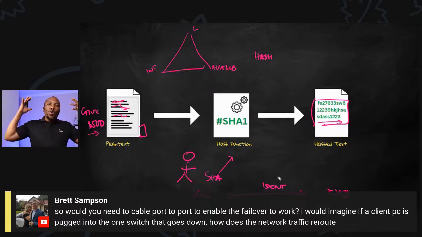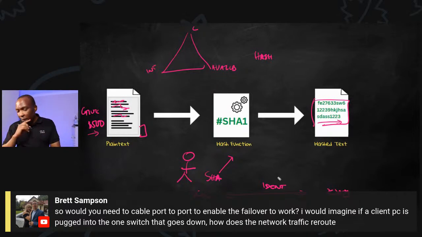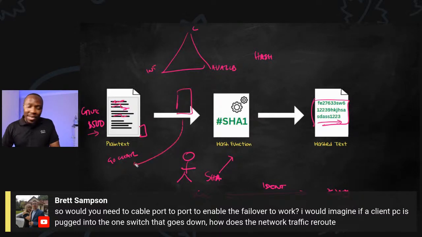Now, hashing by itself, whilst it is good, it cannot fully protect because it can be what? Manipulated. Because the game with hashing is, let's take, for example, this file had 90 characters. And then I manipulated the information in the process. But I made sure that the new file that I created also had 90 characters.